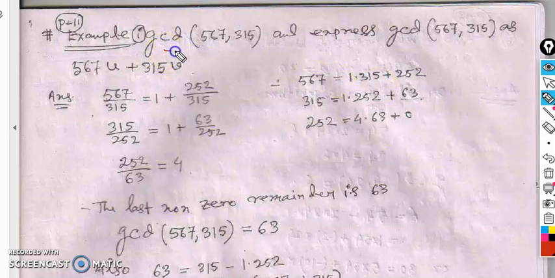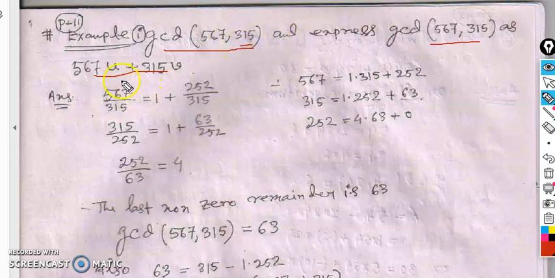GCD of 567 and 315. How can I find the GCD of this, and of another example? When you find the GCD of two numbers, you always consider that the largest number should be divided by the smallest number.